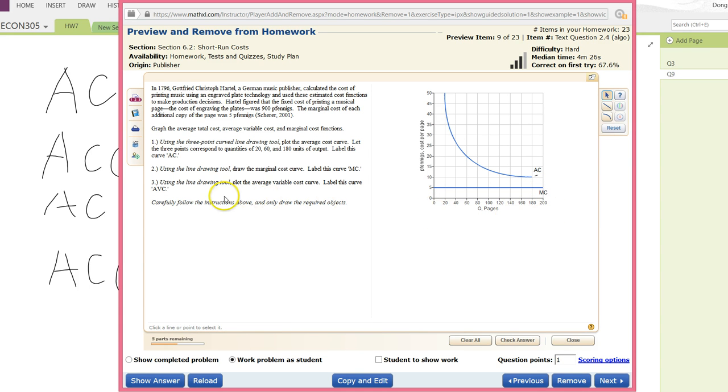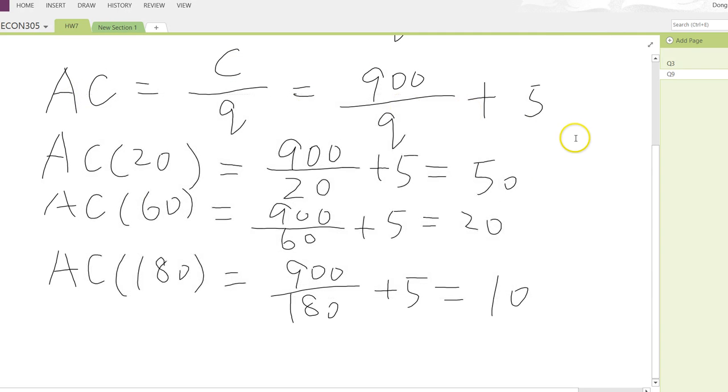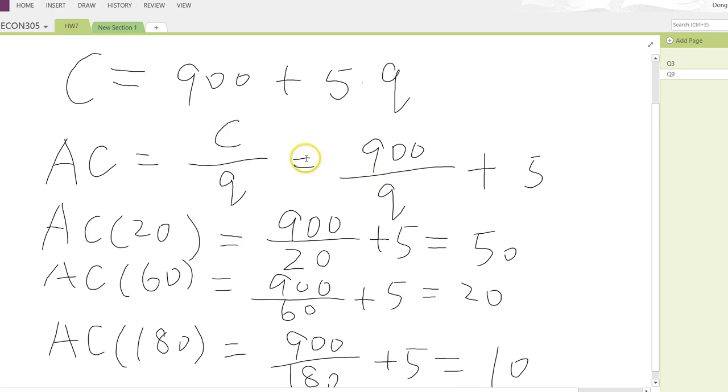Marginal cost. And the third part is the average variable cost. This part is also relatively easy because, based on the setup, the total cost is composed of this 900 fixed cost and the 5 pfennigs per page of variable cost. That's also seen from this setup, 900 plus 5Q.